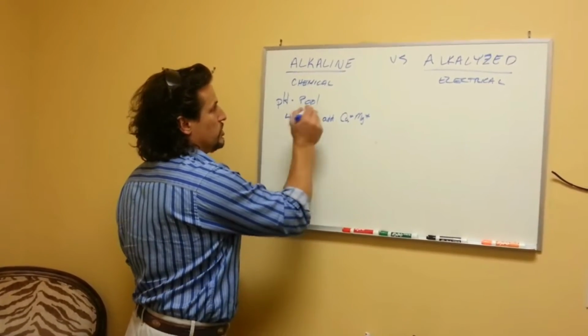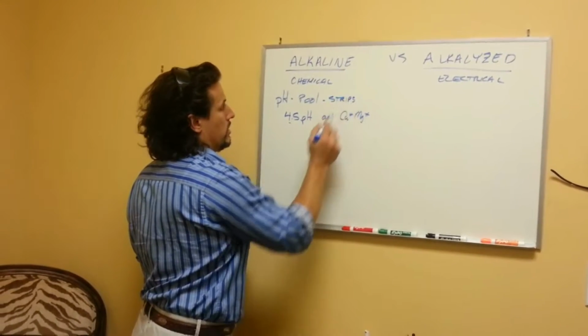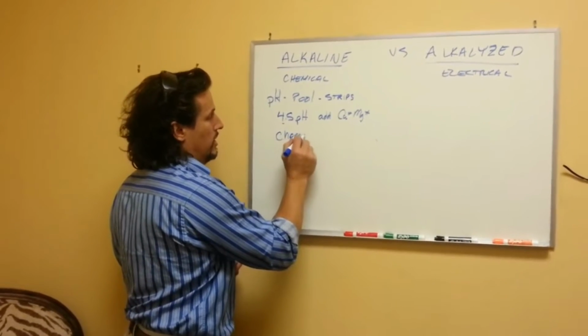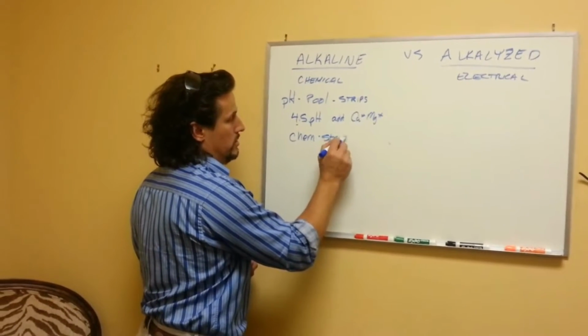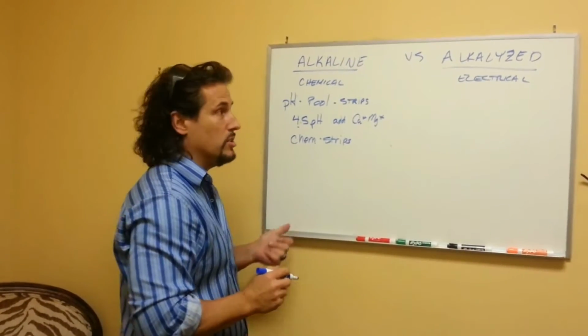What the pH strips are looking for is, they're actually known as chem strips, which means they're looking for a chemical composition change.